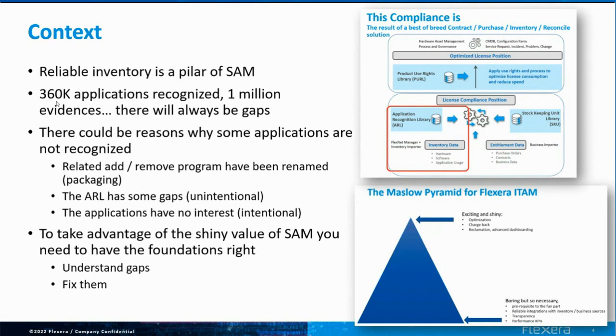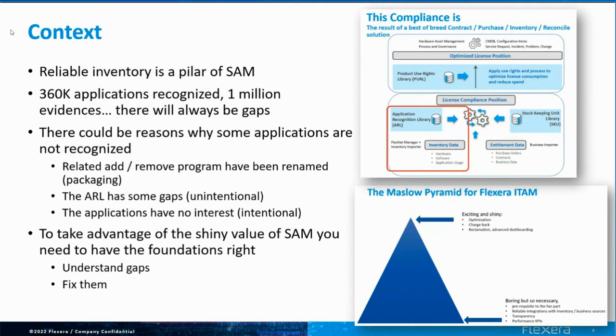The number of recognized applications depends on the level of normalization we apply. This is 360K, but if we managed normalization at minor level, for instance application 1.2.3, we would probably have 2 or 3 million applications recognized.